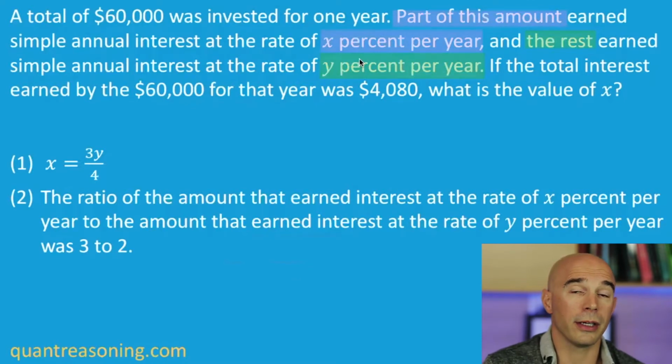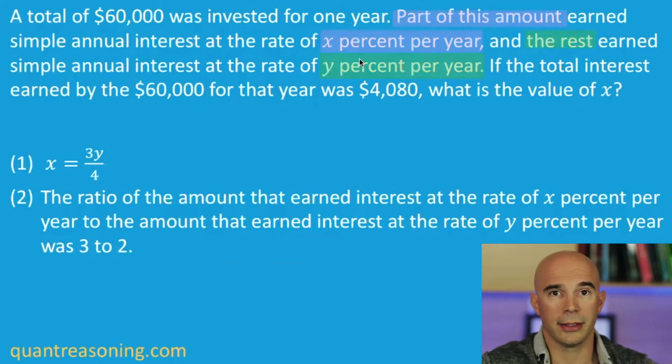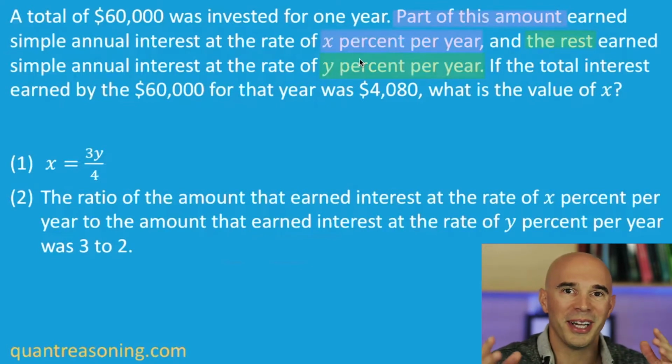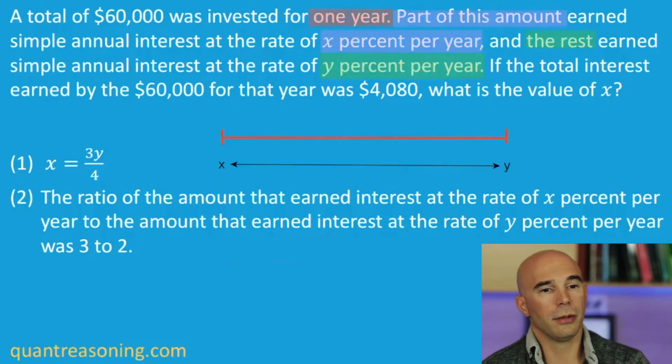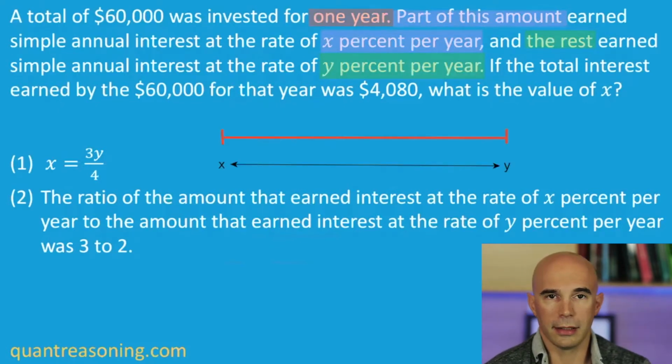Now, it's a bit annoying that I don't know which is bigger, X or Y, so I want to draw my number line and say this side is X, that side is Y. I know that I could compute what percent is $4,080 out of $60,000, but just because I could compute it doesn't mean that I should compute it. And since it's data sufficiency, the actual value that ends up being isn't important. The important thing is that one could find that value if one wanted to.